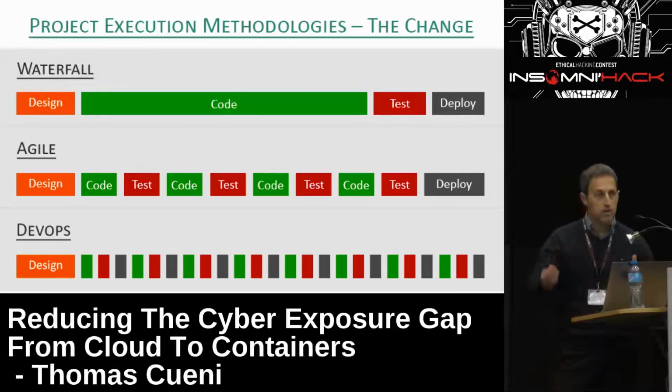DevOps is really a continuous movement of coding, testing, deploying. If you look at Amazon, they deploy changes into production every 11 minutes. So speaking about continuous development, that's really what it is, every 11 minutes.